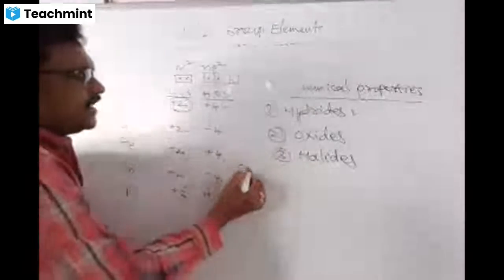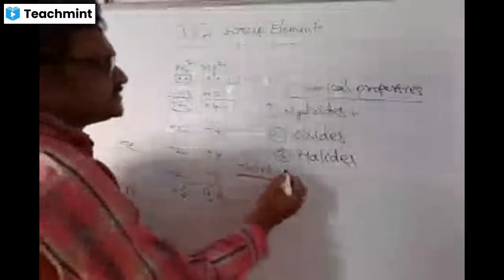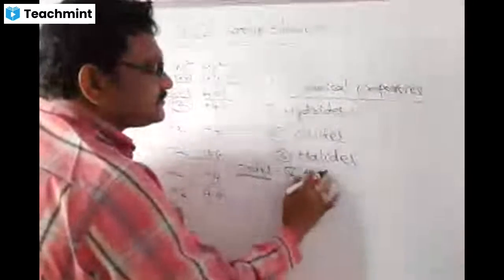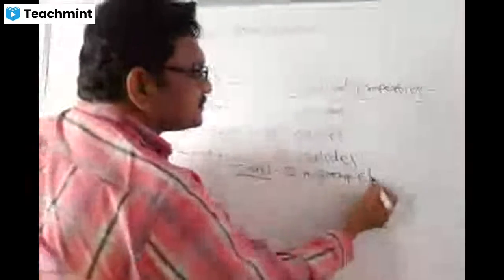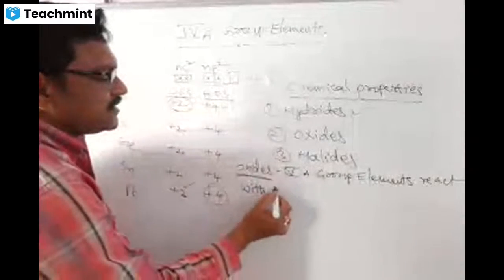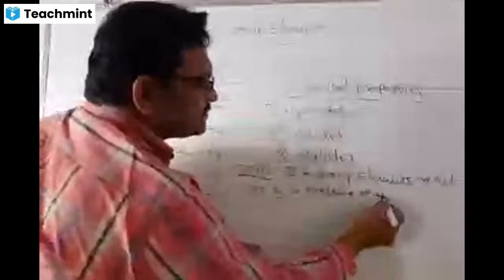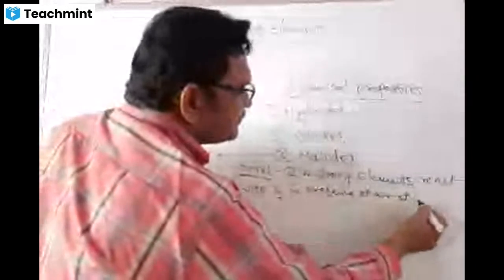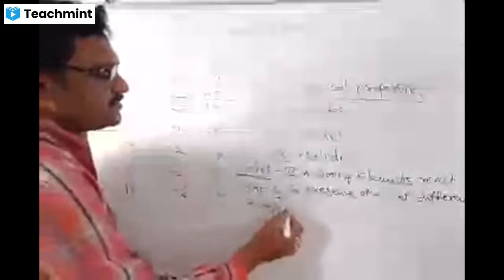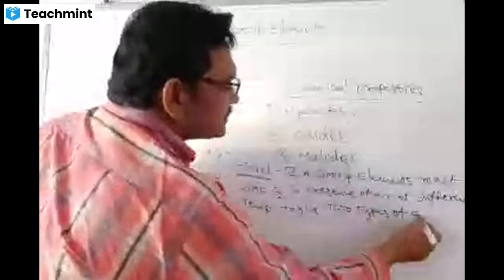The fourth A group elements react with oxygen in presence of air at different temperatures to give two types of oxides.